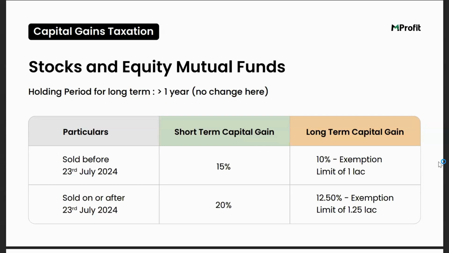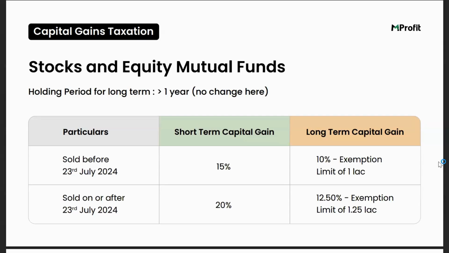Let me just repeat this part. If you are holding any stocks or equity mutual funds, the standard guiding principle is if you are holding it for 1 full year and then selling it, it will be classified as long term. If you are selling it within 1 year of the purchase date, it will be classified as short term.